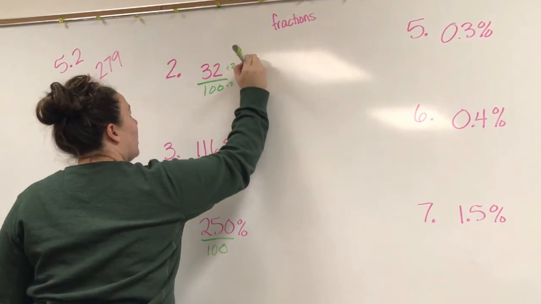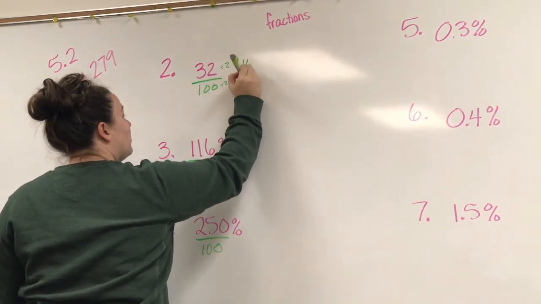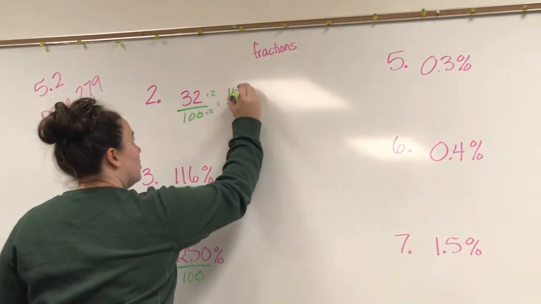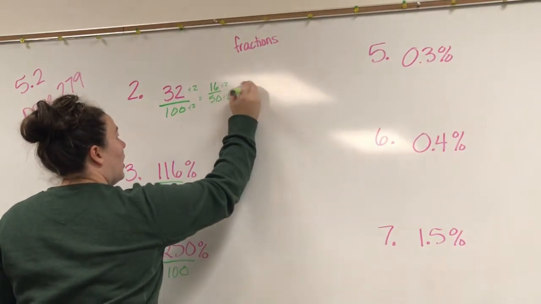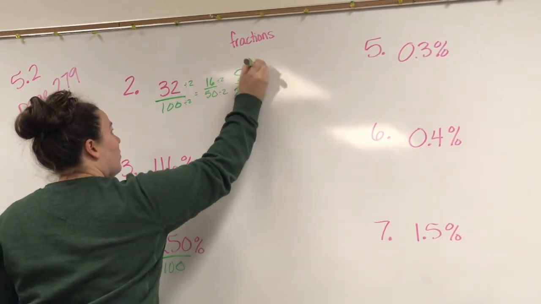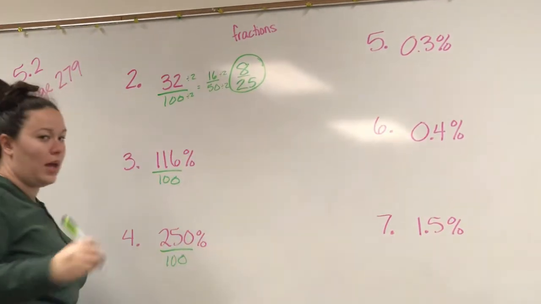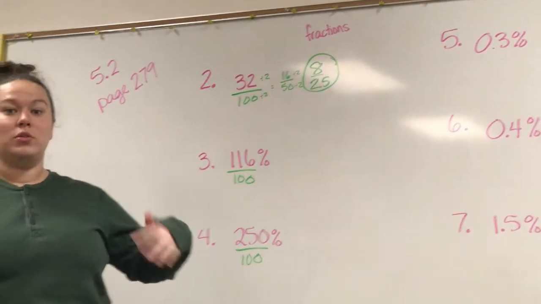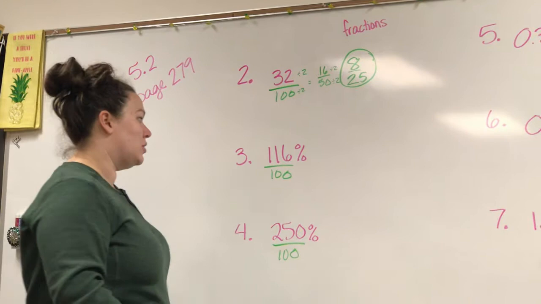And I get 16 over 50. Both of those numbers are still even, so I can divide by 2. And I get 8 over 25. And that would be your final answer of this percentage in fraction form. You want to reduce, reduce, reduce as much as possible.